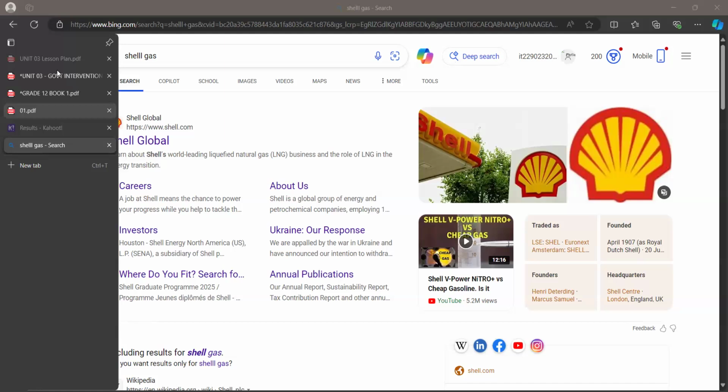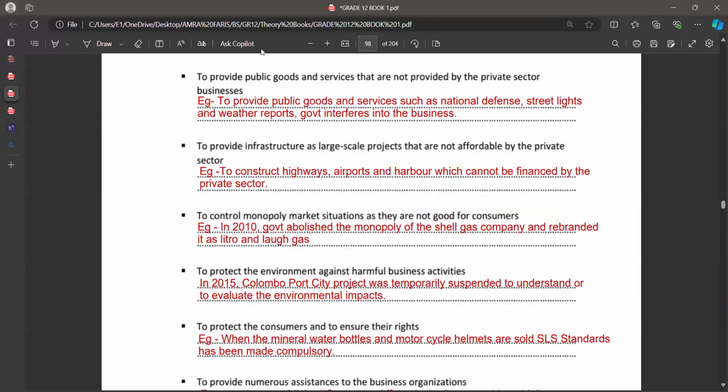In 2010, in Sri Lanka, this shale gas company was the main producer, the main provider of LPG. What is LPG? Liquefied petroleum gas. So they were the main provider of that at that time.